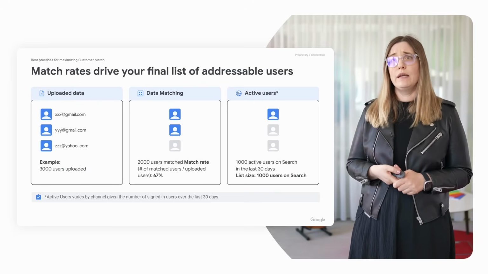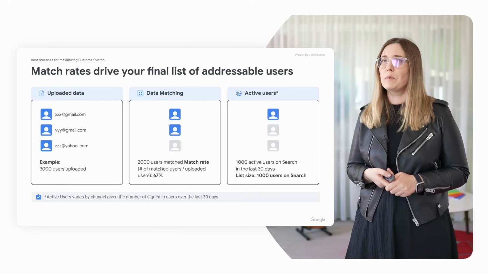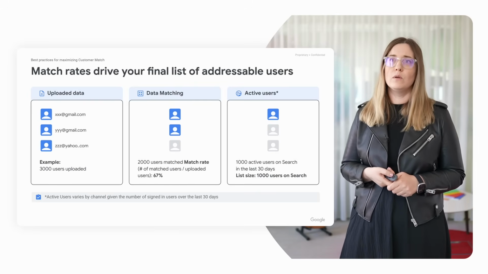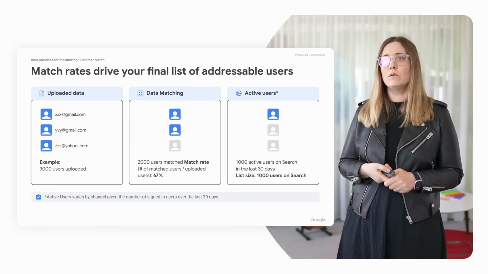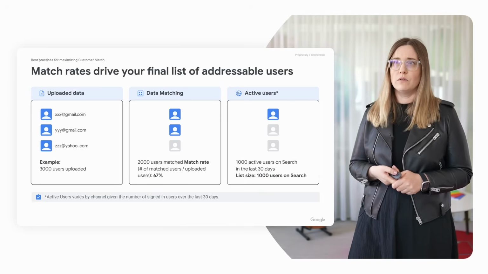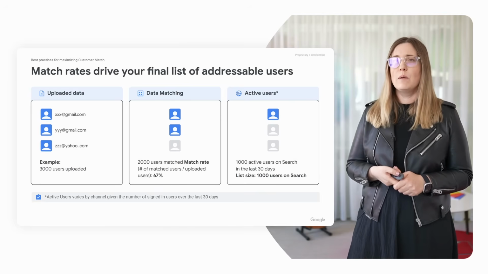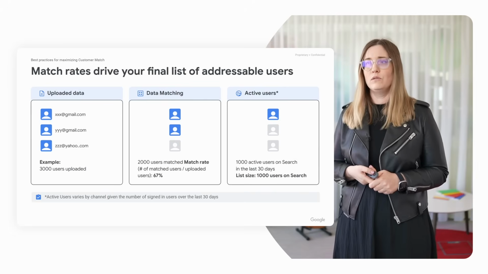This is what match rate and list size looks like using some sample numbers. Let's say you upload a list with 3,000 records. In this scenario, Google is able to match 2,000 users, giving us a match rate of 67%. But with Customer Match, we are only able to reach active signed-in users.